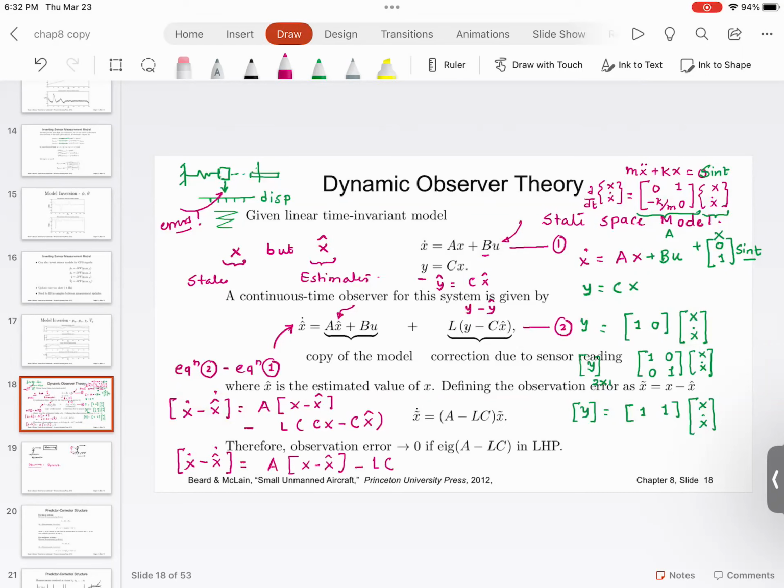L C times x minus x hat. Do you agree with me? Actually, it is equation 2 minus equation 1. My bad.